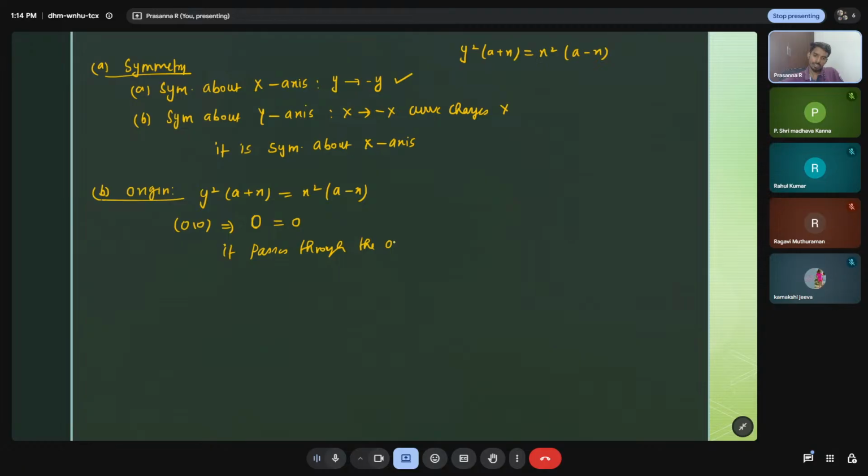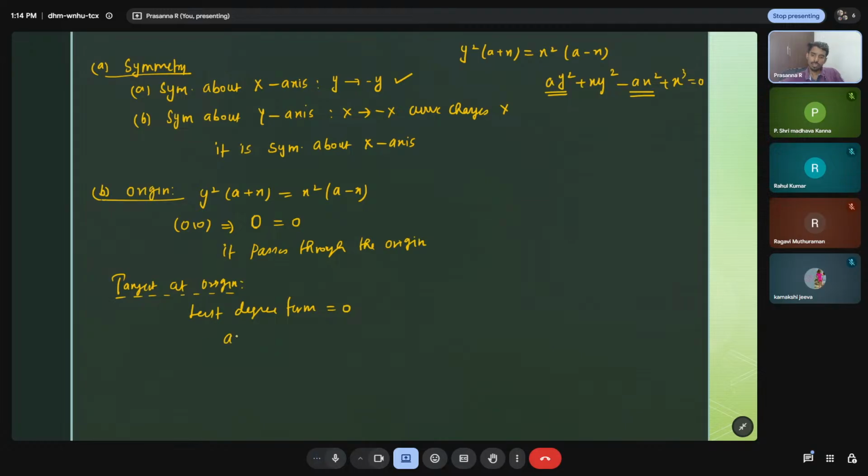If it passes through origin, you have to find the tangent at origin. Tangent at origin: equate the least degree term to 0. So here ay square plus xy square minus ax square plus x cube is 0. Degree 2 is the least.